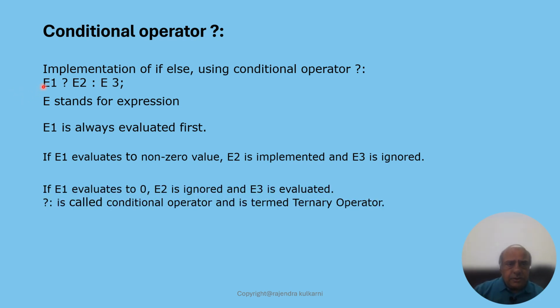Whereas if E1 evaluates to 0, E2 will be ignored and E3 will be executed. This conditional operator is also termed the ternary operator in the parlance of C language.